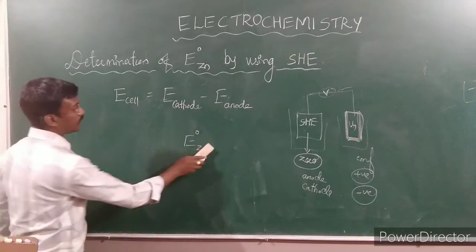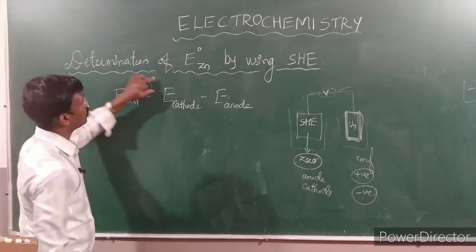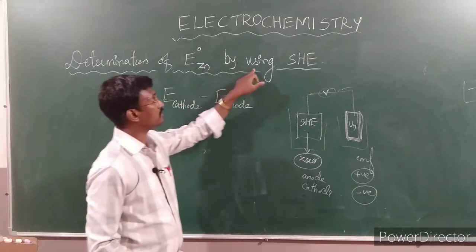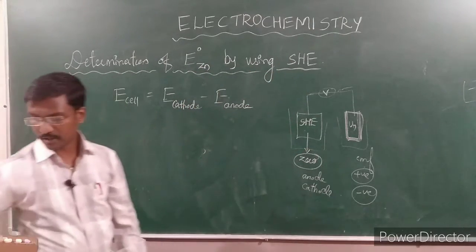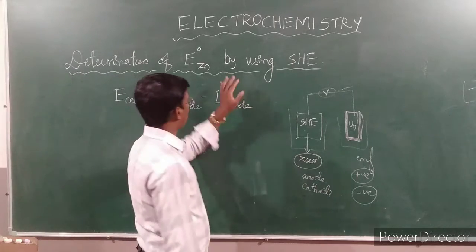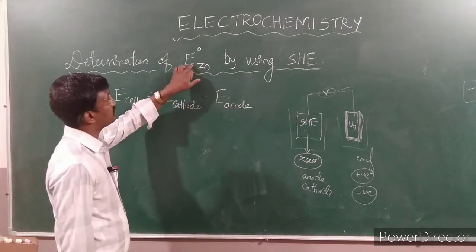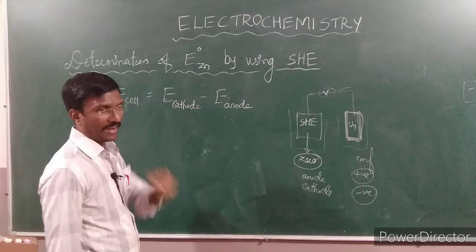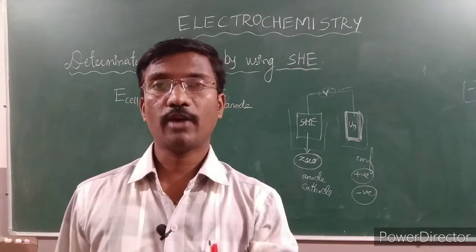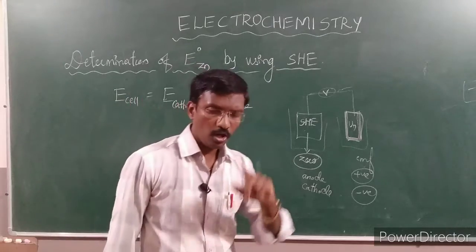Here we are going to determine the standard electrode potential of zinc by using SHE, the standard hydrogen electrode. Look here, I am telling you the truth: zinc electrode potential, I know, is a negative value, whereas copper has a positive value. Why?